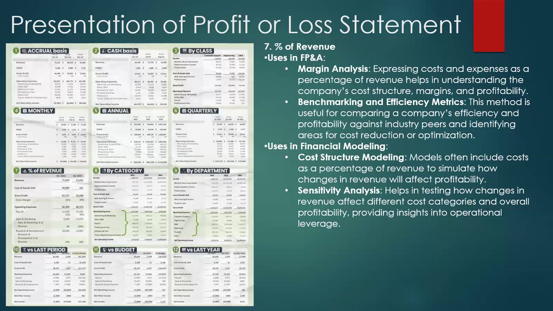Models often include the cost as a percentage of revenue to simulate how changes in revenue affect profitability. Here it is mentioned that your revenues affect your profitability, but your cost as a percentage also affects your profitability. If your cost increases, then your profitability ratios will decrease.